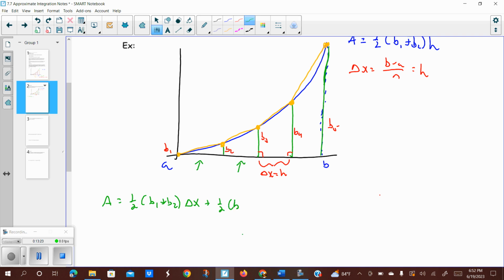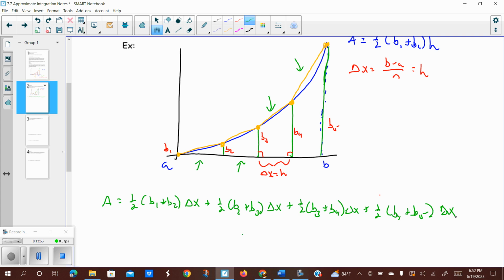It is 1/2, and this time it'll be base 2 plus base 3 times the height, which is delta x, plus 1/2 base 3 plus base 4 times the height, delta x, and then the last one is this one right here, which will be 1/2 base 4 plus base 5 times the height, delta x.